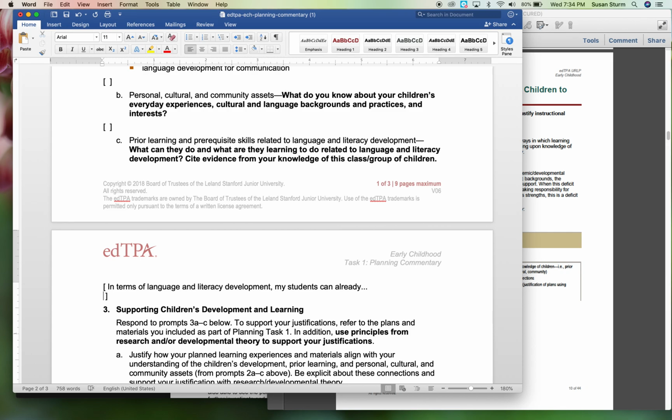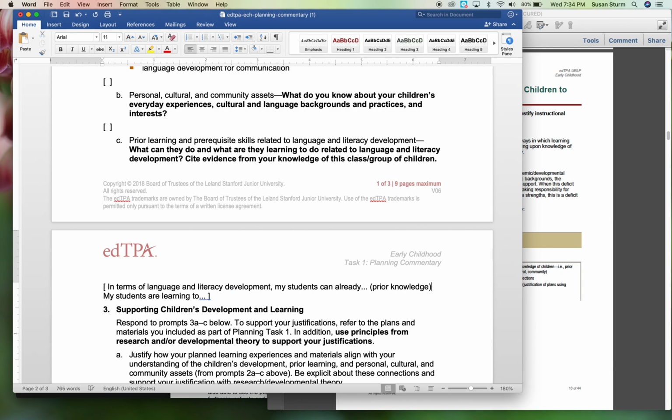And then also here, my students are learning to. So this one is prior knowledge. So in terms of language and literacy development, my students can already, this is prior knowledge.